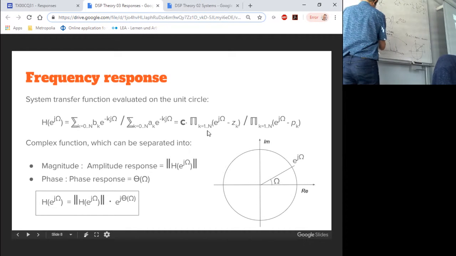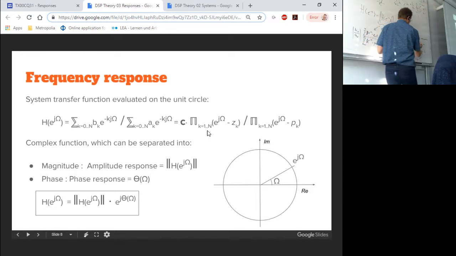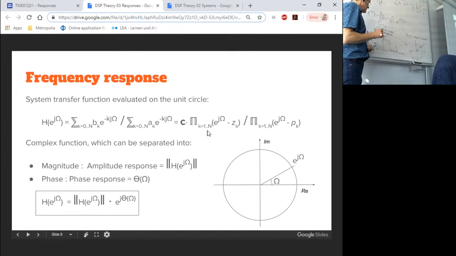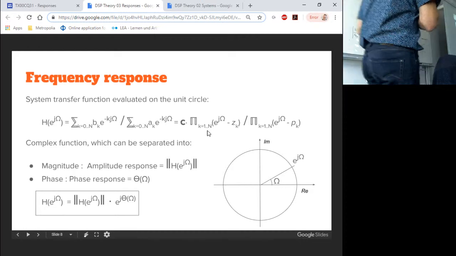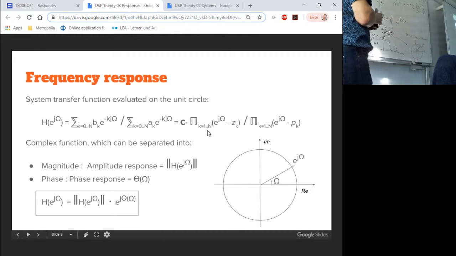That's the product of the distances from this point to all of these zeros divided by the product of the distances from this place to all of the poles. So that actually gives a hint of what the amplitude response would look like.